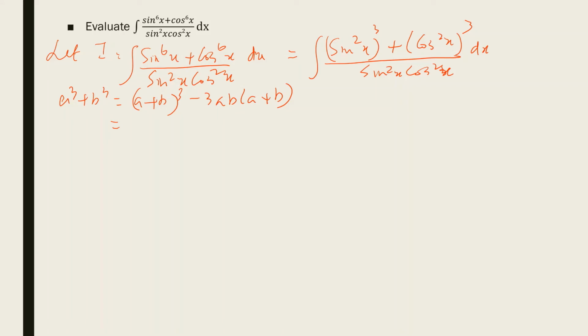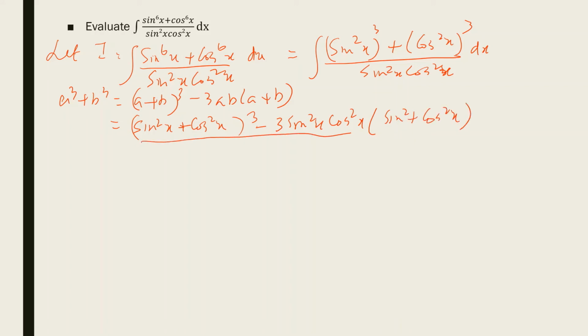So the numerator becomes sine square x plus cos square x the whole cube, which is a plus b the whole cube, minus 3ab, so 3 sine square x cos square x into sine square x plus cos square x according to the identity, divided by sine square x cos square x integral dx. Now sine square x plus cos square x is 1.